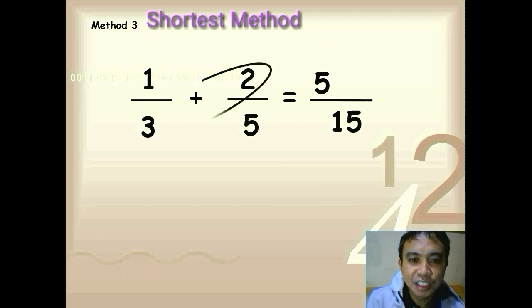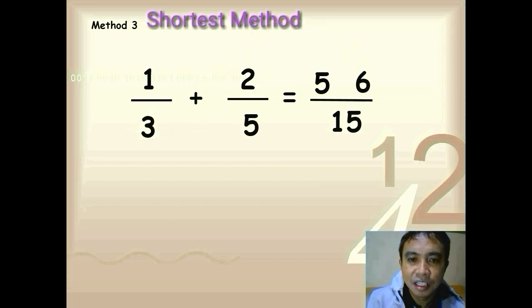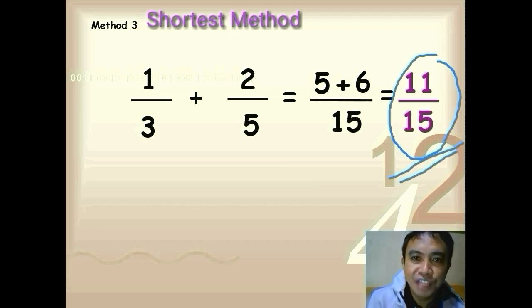Cross multiply the other pair. 3 times 2, we have 6. Now add the two numerators. 5 plus 6, so we have 11. Copy the denominator. 11 over 15 is our final answer.